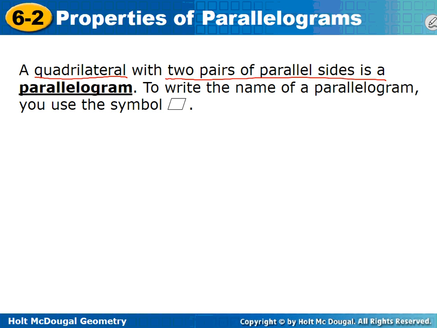Actually, I'm going to write it as opposite sides are parallel. And this is, remember, our symbol for parallel. Opposite sides are parallel. That's the definition. If you have a parallelogram, the opposite sides are going to be parallel. And remember, little arrows are how we show that they're parallel.